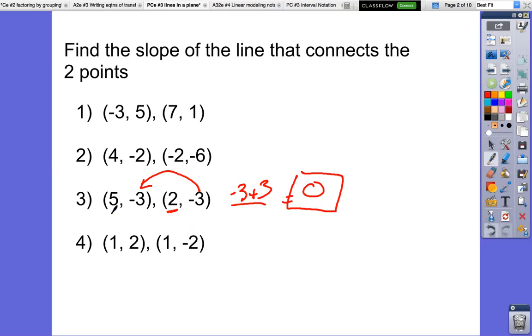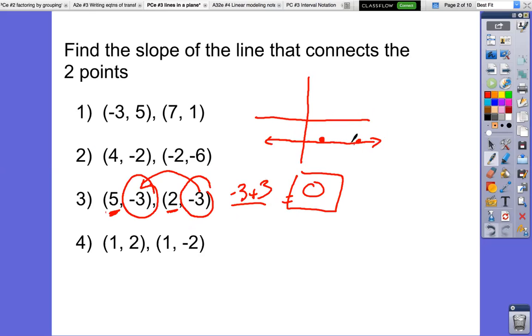If my x's are changing and my y is not, it's going to look like this. I've got the point (5, -3), which is over here, and (2, -3). It is just going to be a horizontal line, so there's no up or down. My y value is not changing.